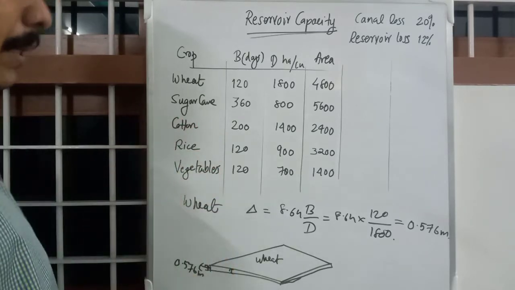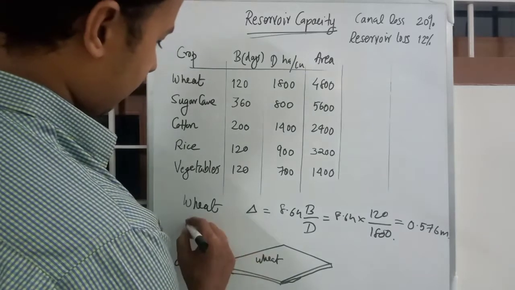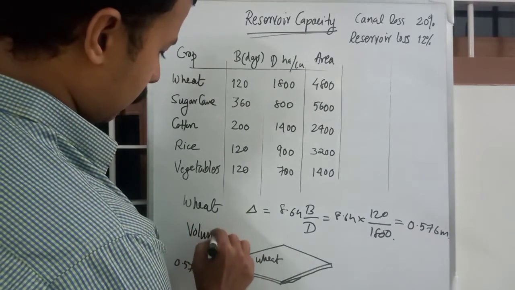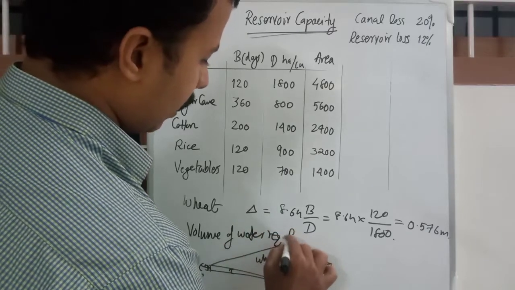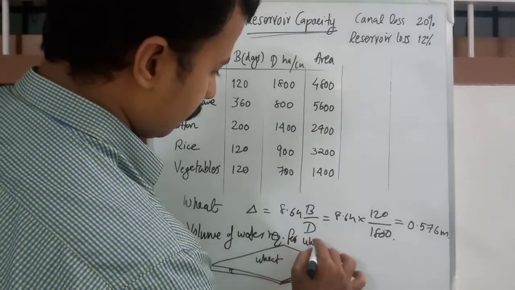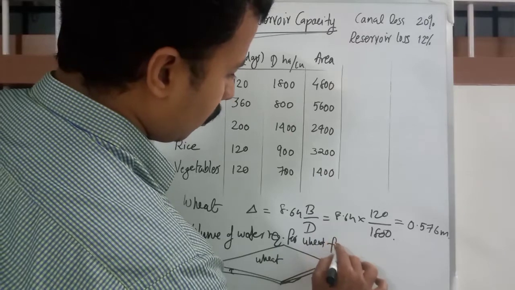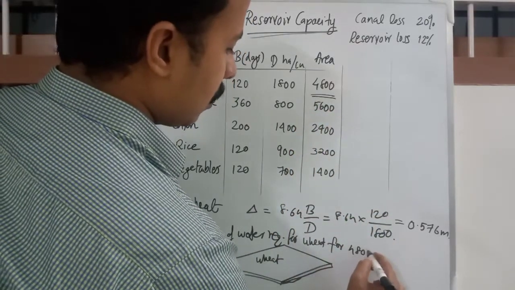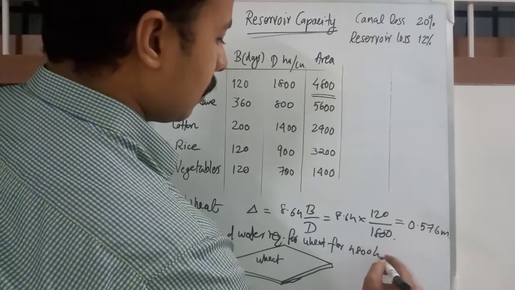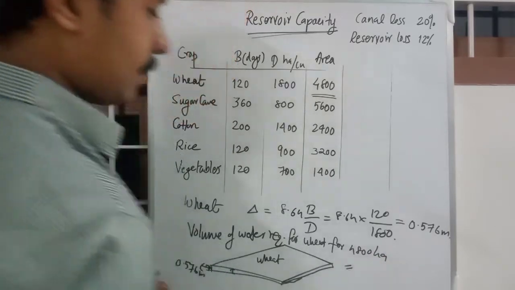So what will be the volume of water required for wheat? For how much area? 4,800 hectares.